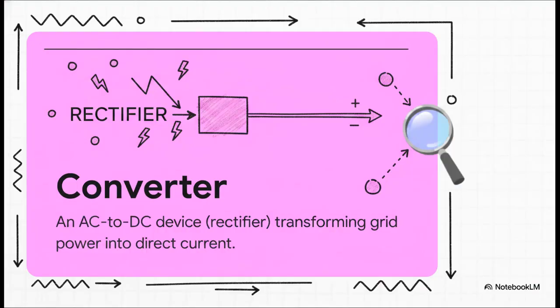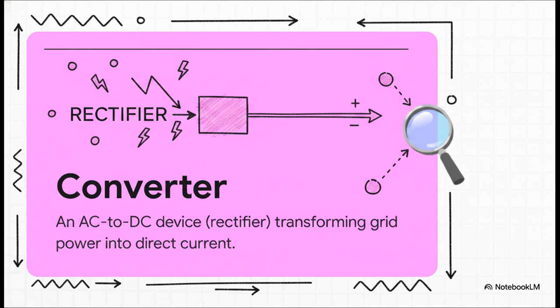If you've ever heard folks throw around the terms converter and inverter interchangeably like they're the exact same thing, well, in power electronics, that's actually a pretty big mistake. While the word converter is technically a broad umbrella term for any device that changes energy from one form to another, the industry standard is super specific. When engineers talk about a converter in this context, they mean an AC to DC device.